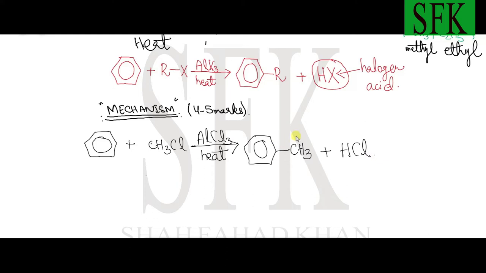So the monosubstituted benzene derivative is methylbenzene, and HCl is the byproduct. Okay, this is the methylbenzene over here, and HCl.